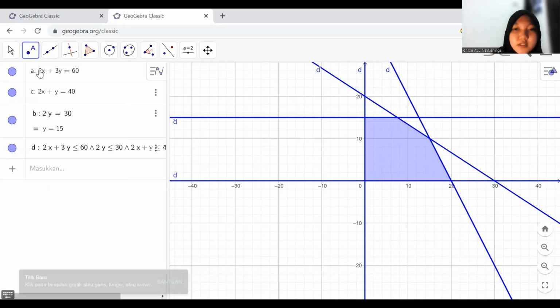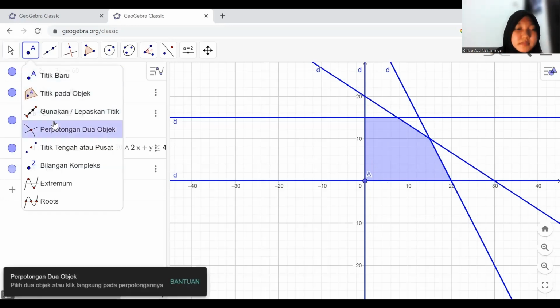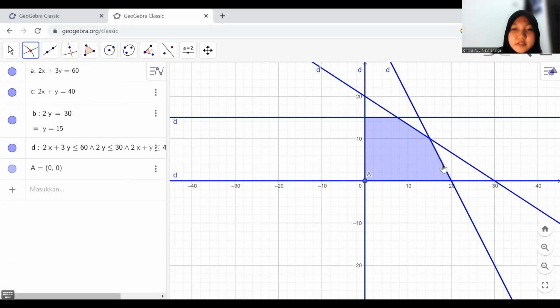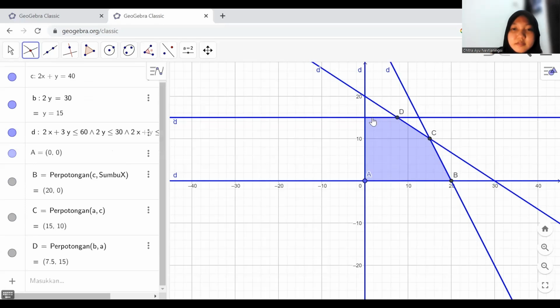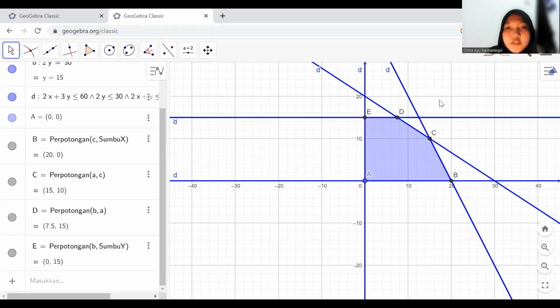The first, we know this is 0, 0, A. The second is B, and this is C, and this is D, and this is E. We know there are 5 points, 5 vertices A, B, C, D, E, and actually we can substitute each of the vertices into the objective function, but when we substitute them one by one, it will take a long time.